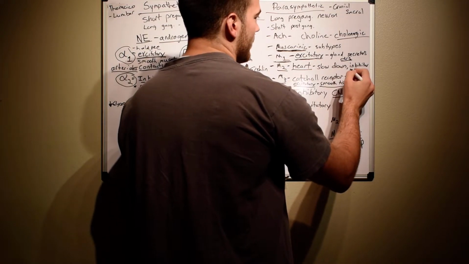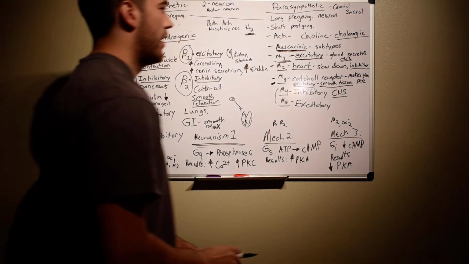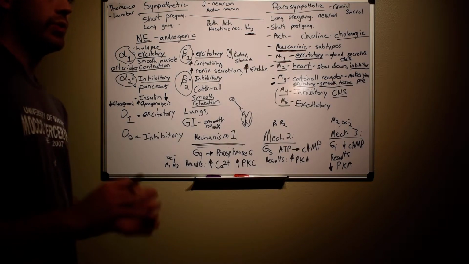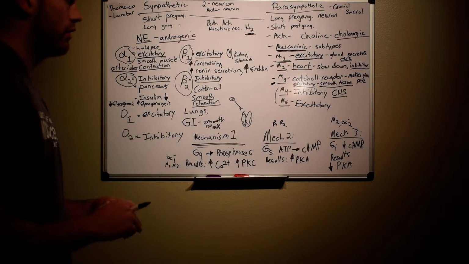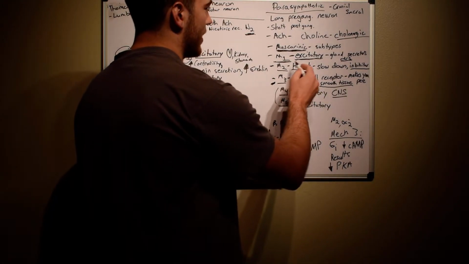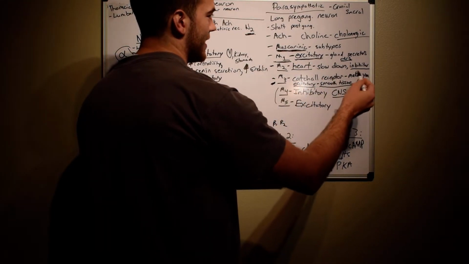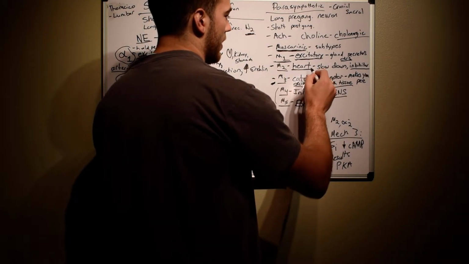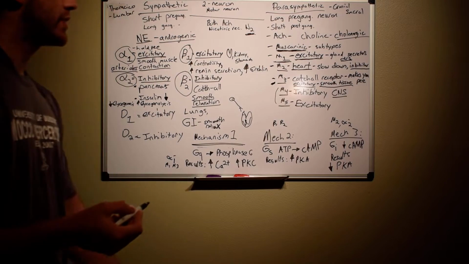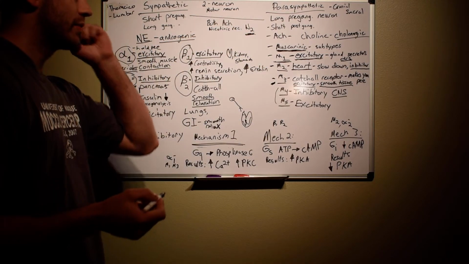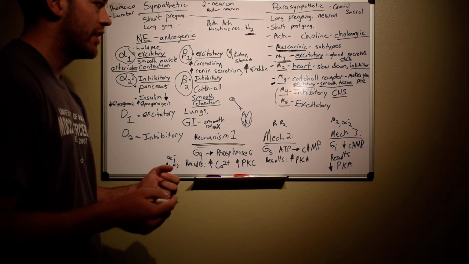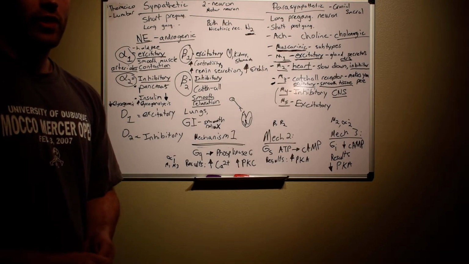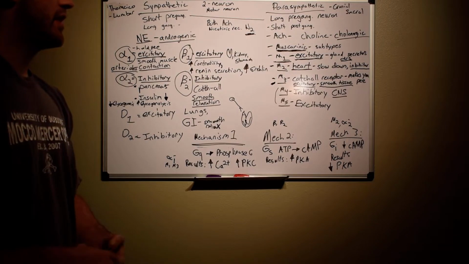This is going to be an inhibitory receptor. Inhibitory means it's going to tell something to slow down or stop, okay? Just like I said, muscarinic M1 is excitatory. This one is the opposite, it's inhibitory. It's in the heart, and since we're dealing with the parasympathetic, which is what I love about this stuff, it's rest and digest. When you're at rest, do you want your heart going a million miles a minute? No way.